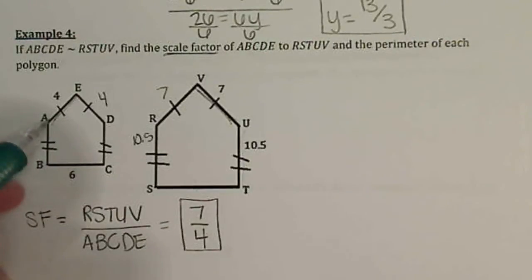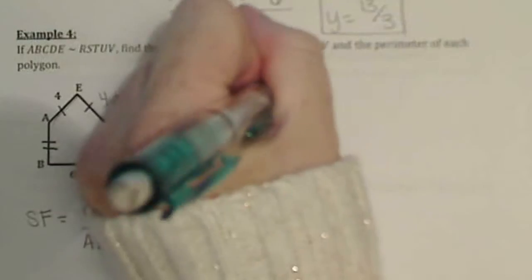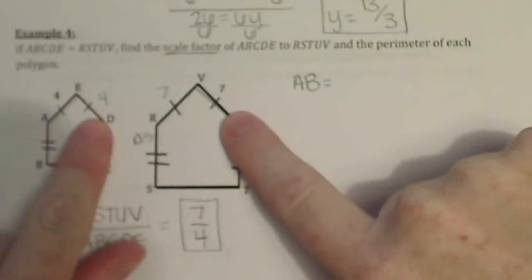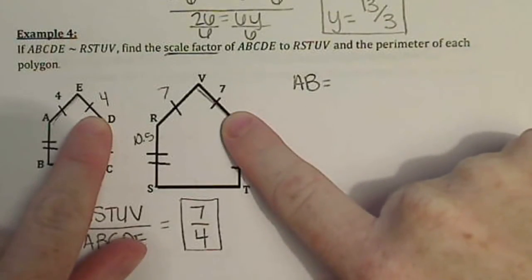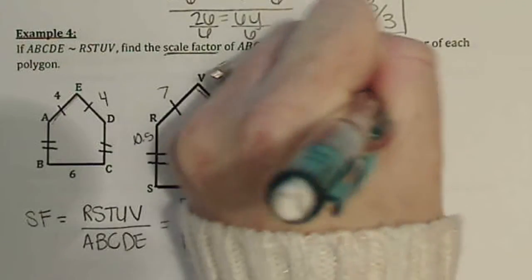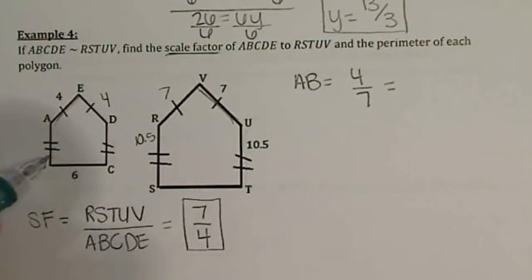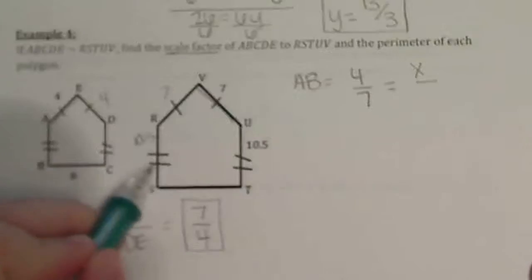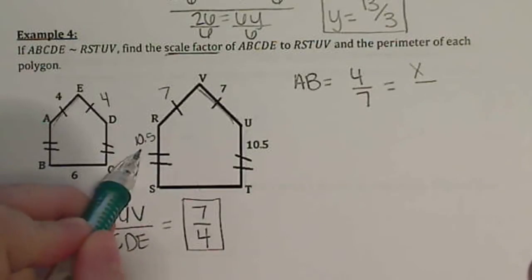Let's find AB. So to find AB, I'm going to set up a proportion. I know that these two sides are proportional, so I'm going to start out with that one. 4 over 7. And then I want to find AB. I don't know it, so I'm going to give it a variable. And it corresponds to this side, which is 10.5.